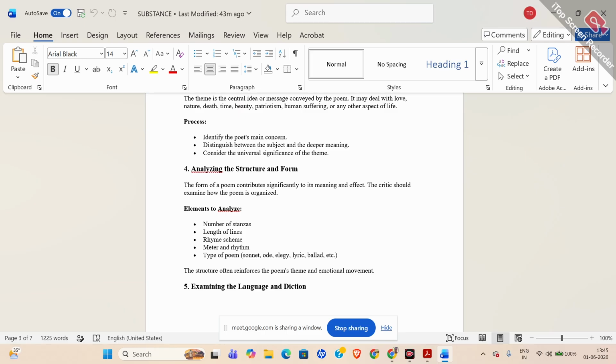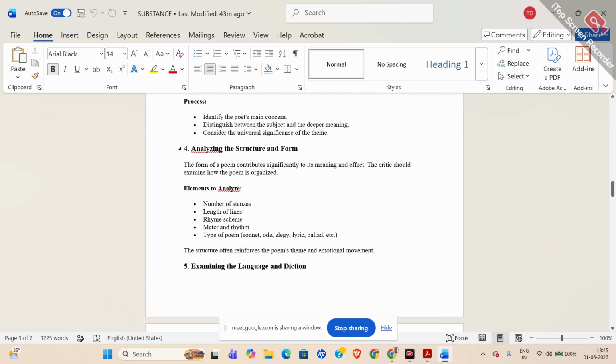এলিমেন্টস টু অ্যানালাইজ, এখানে কি কি অ্যানালিসিস করতে হবে? নাম্বার অফ স্ট্যান্জাস, এটা বললাম। নাম্বার অফ স্ট্যান্জাস অ্যান্ড লাইন্স, লেংথ অফ লাইন্স, এটা রাইম স্কিম বোঝার জন্য, রাইম স্কিম এবং এটা কি রকম প্যাটার্নে লেখা হয়েছে, রাইম স্কিমটা তার পরে আছে। মিটার অ্যান্ড রিদিম, সো দ্য মিটার অ্যান্ড রিদিম অফ আ পোয়েম। Type of the poem: sonnet, ode, elegy, lyric, ballad.